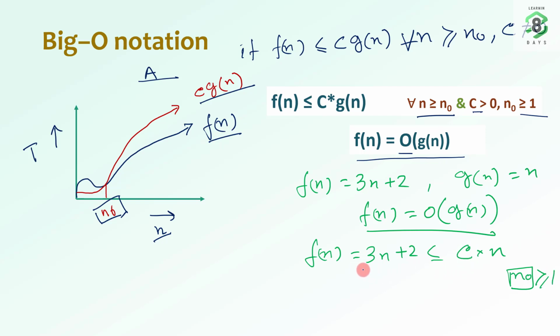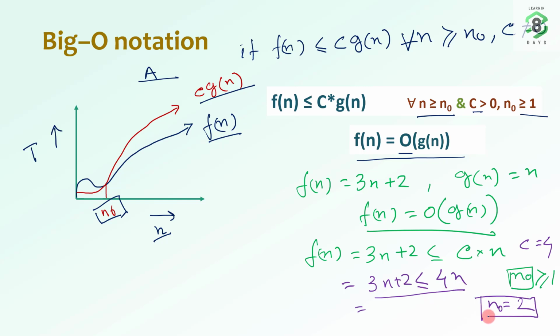From this inequality we can say c = 4. That is, 3n + 2 is less than or equal to 4n. We can also find the value of n if we transfer this n to the left side. From that we can find n0 = 2. So this inequality holds for n0 = 2 and c = 4.